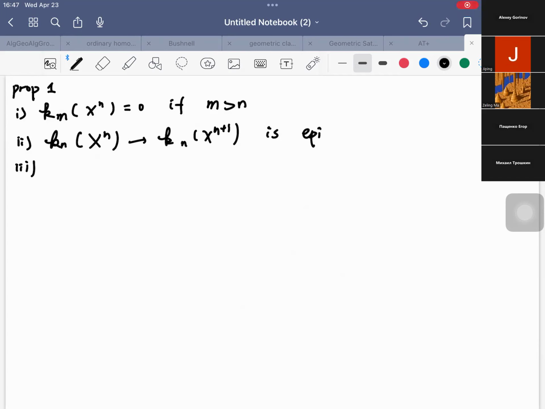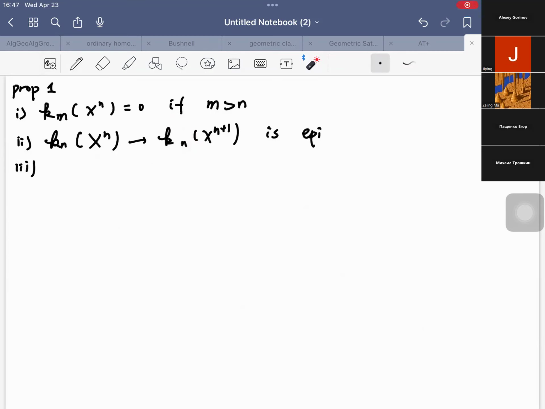Okay, so what is k? Do we assume the dimension axiom for k? Yes, this is an ordinary cohomology.